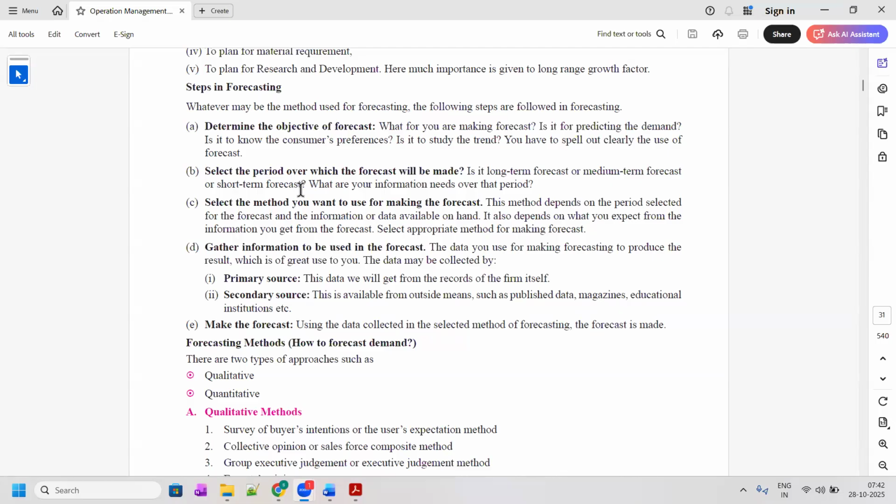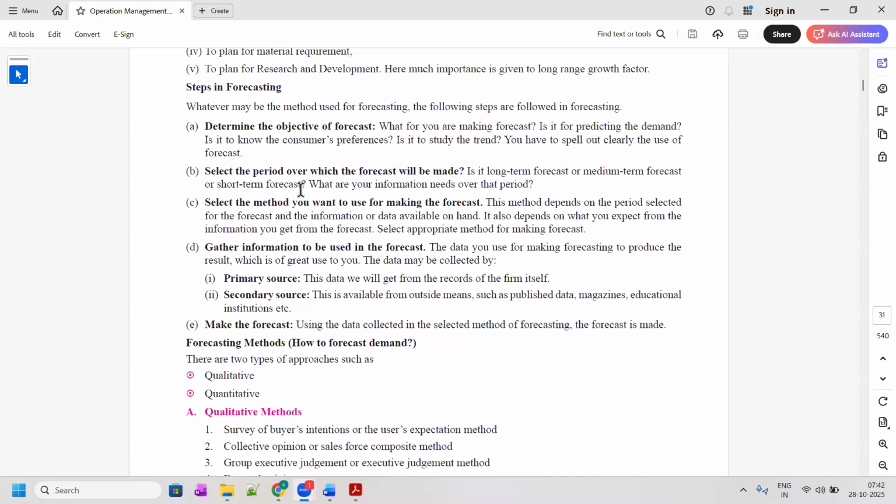First is to determine the objective of the forecast. First, we need to decide why we are making the forecast. Is it to predict demand, or to know the consumer preference, or to study the future trend, or is the purpose simply to get an idea about what is happening around us?